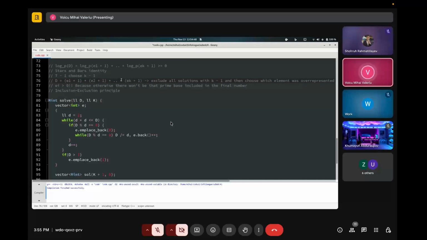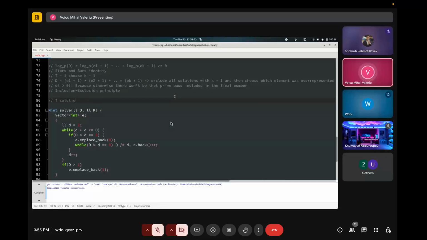That is, if we know that we have t solutions with k minus 1 numbers, then we have to multiply t by k before we subtract it from the initially assumed solution.